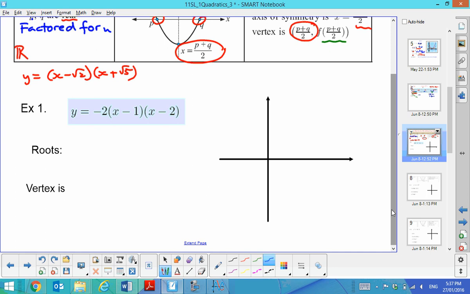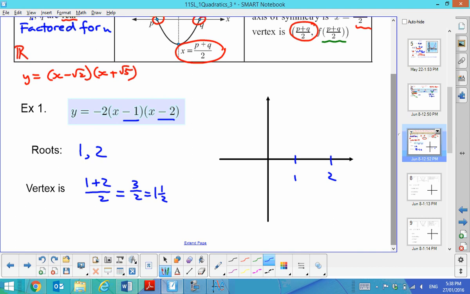All right, hopefully you've had a go at that now. I can look at this equation, x minus 1, x minus 2, tells me my roots are at 1 and 2. 1, 2 on my quick sketch. The vertex, I can tell by taking the average, is going to be 1 plus 2 over 2, which is 3 over 2, 1.5.